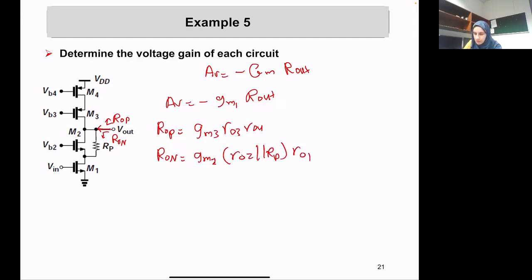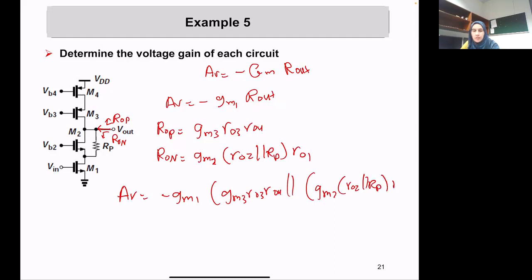We did this example earlier. So the total gain will be minus GM1 times R out 2 in parallel with ROP, times R out 1. Any question on this? Okay, this should be fine.